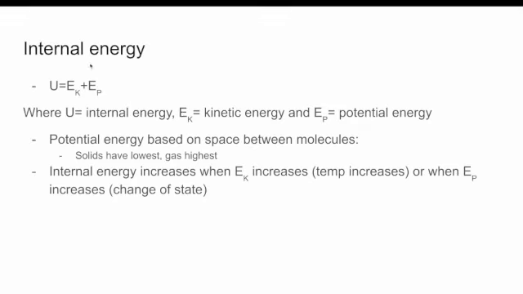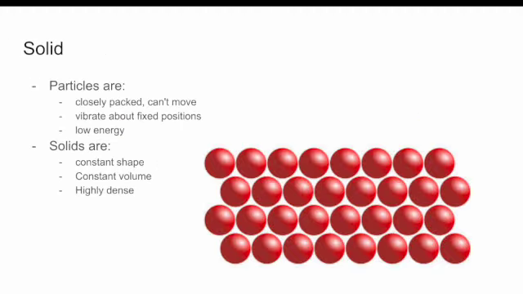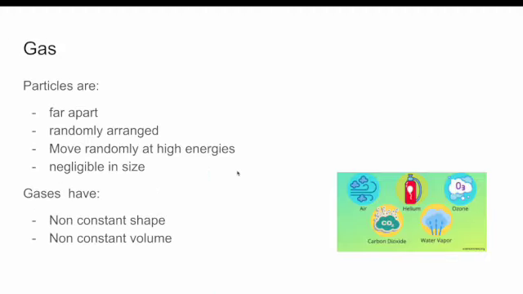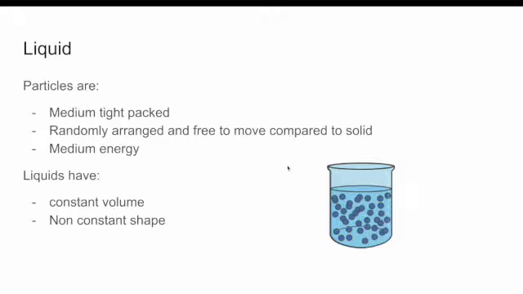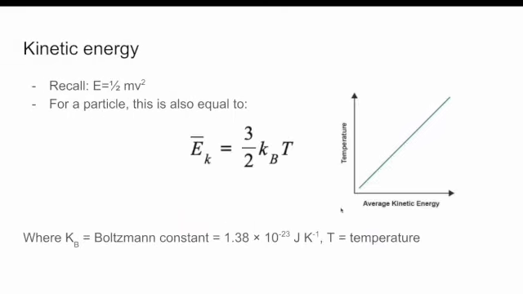So this is now internal energy. Internal energy is kinetic energy plus potential energy, and it's represented by this little U here. Potential energy is basically based on the space between molecules. So solids have very little space between molecules, as you can see here, but gases have pretty high space, and this has medium space, as you can see.